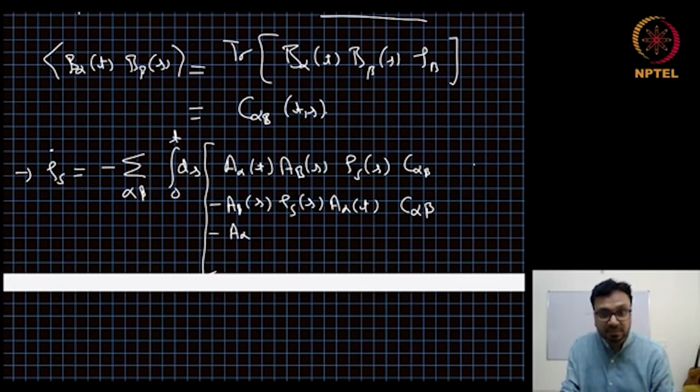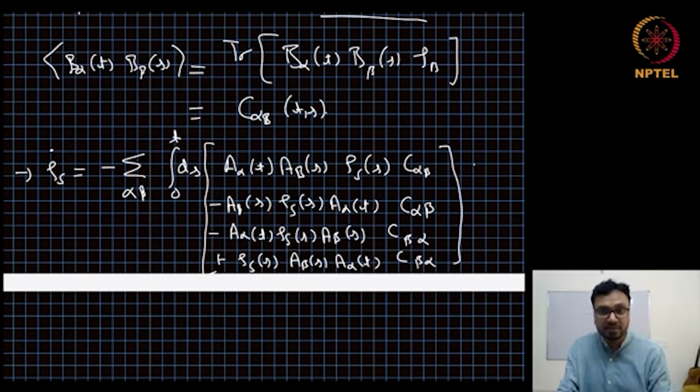That was with minus sign, minus A alpha of t, rho s at s, A beta of s, C beta alpha, plus rho s at s, A beta at s, A alpha at t, C beta alpha. So C alpha beta is a function of (t,s).